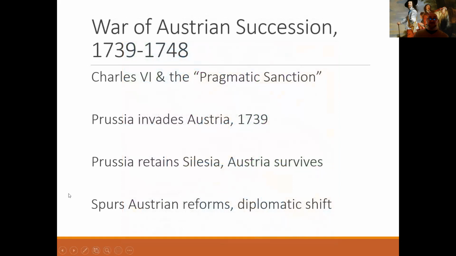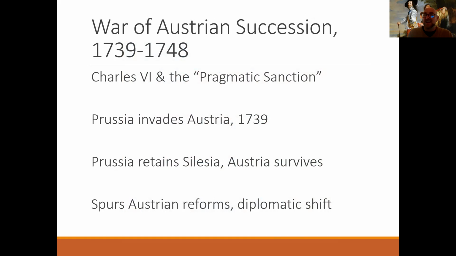Now, this happens in the 1730s. What happens is that Charles VI was the Habsburg king in the early 1700s, 1720s, but all of his sons died. He's left with a female heir, Maria Theresa, who will actually take the throne as Empress. And so what he does is he leaves all his territory to her, and he gets all of his nobility, and he gets several of his neighbors to sign what's called the Pragmatic Sanction.